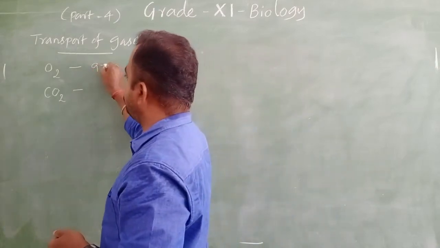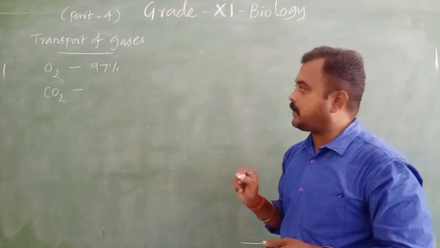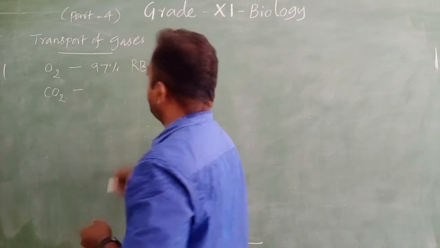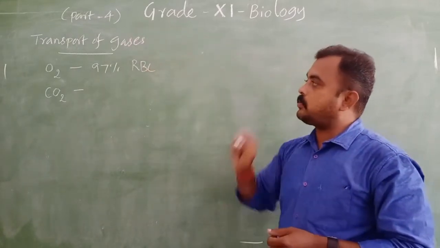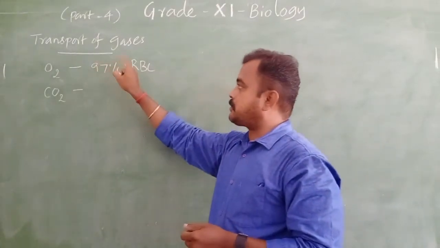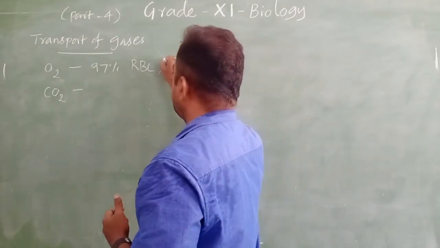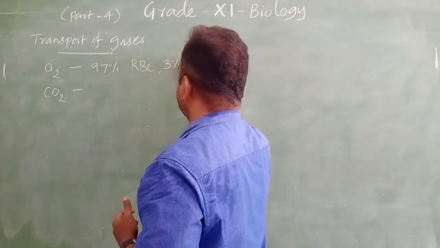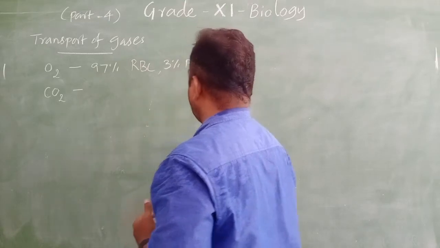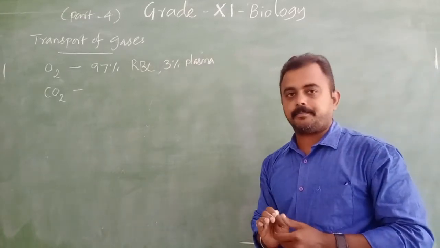97% of oxygen is transported by RBC. So who is going to transport? RBC. The remaining 3% is transported by plasma, in dissolved state.